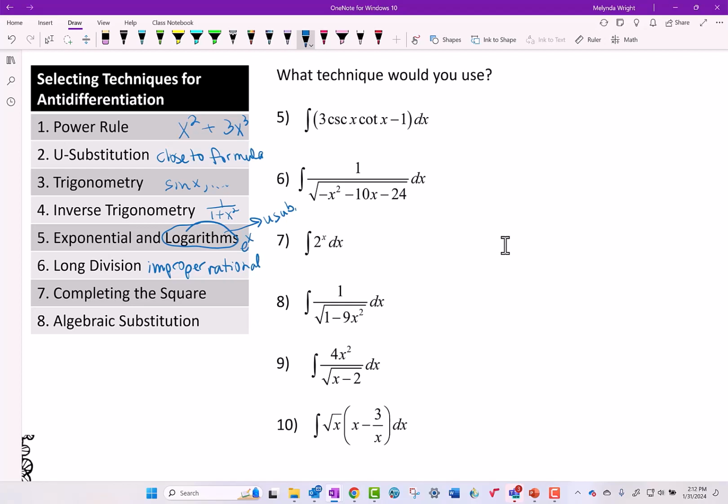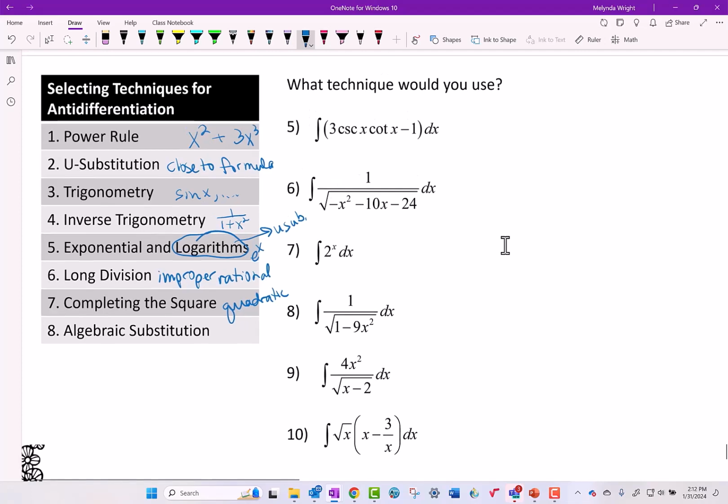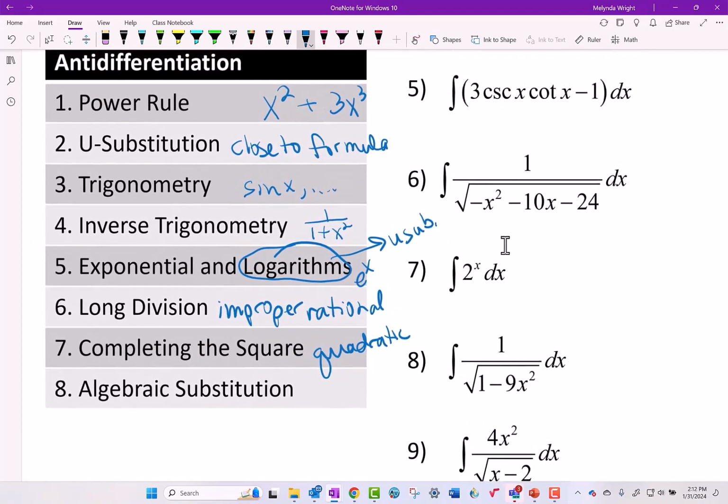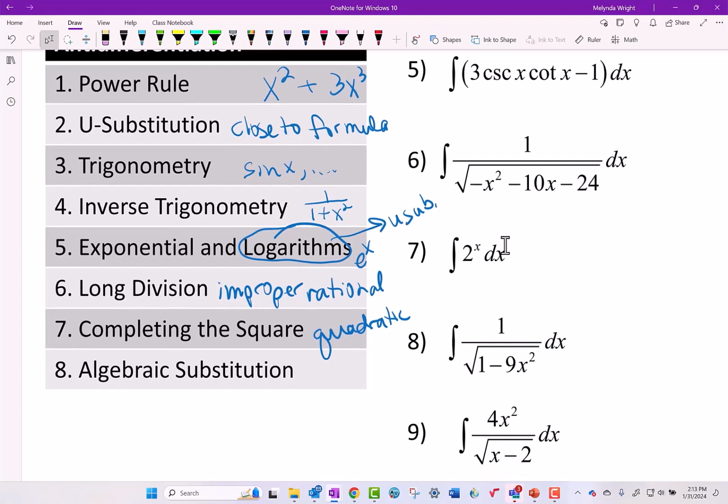When we have some kind of quadratic that we can't factor, so we complete the square with a quadratic and we hope for inverse trig. Algebraic substitution, we learned that last time. When do we do algebraic substitution? When we have extra x's. And you had one on the practice today. You see that at the very bottom, the exciting one? Yeah, this is with extra x's.